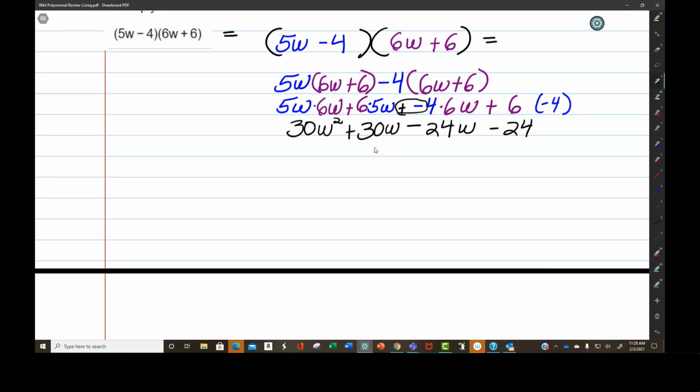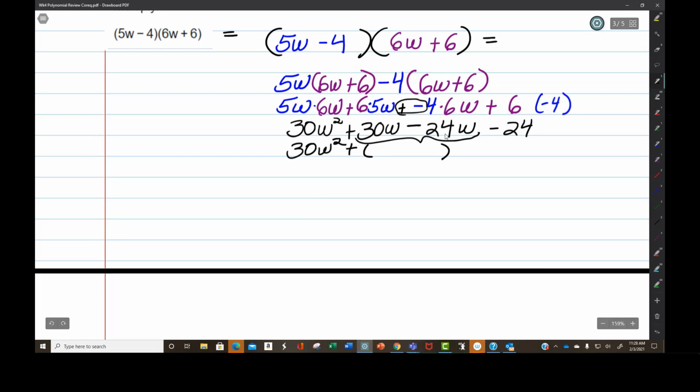Now look. This often happens, we're going to have 30W minus 24W. Now I can do the whole little parentheses thing if I want to. Let's do it. Boom, boom.